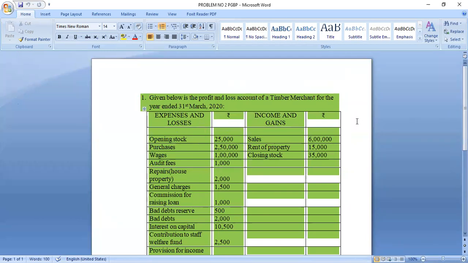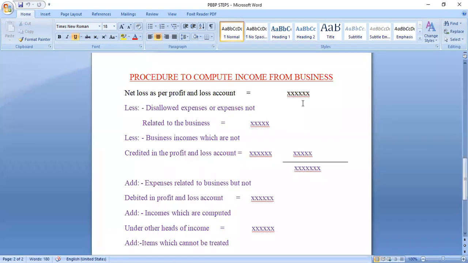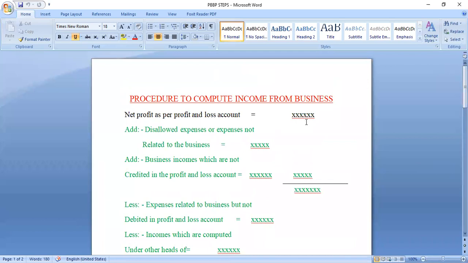Okay, so how to do this problem here? Now, net profit is given, so you have to choose this one. Select this first procedure: net profit as per P&L account. Prepare the table.